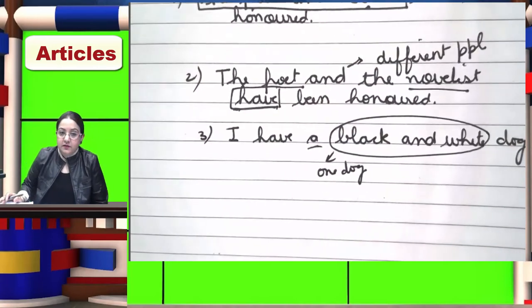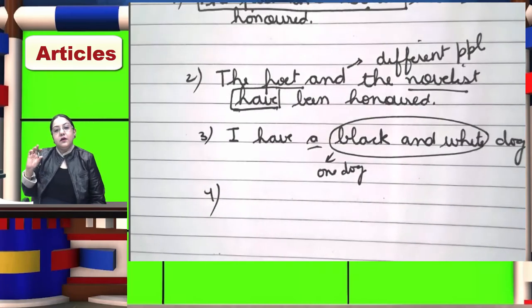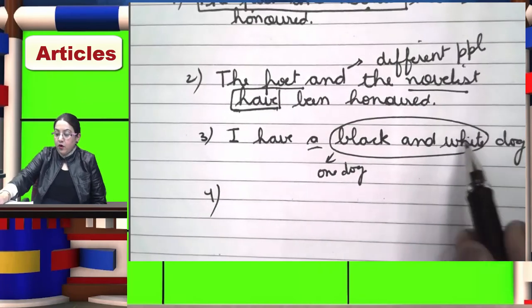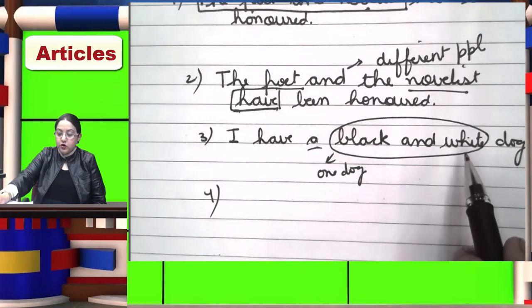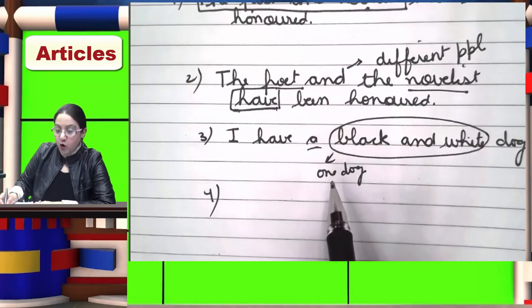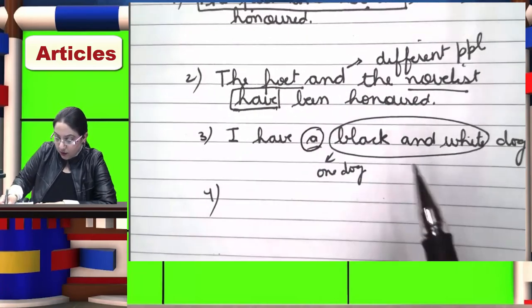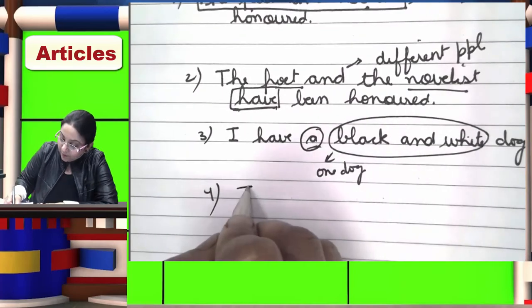My dog is both black and white, right? So black and white, the colors. My dog has black color also and white color also. Some portion of the dog is black and some portion of the dog is white. So we are talking about only one dog and I'm using a here.